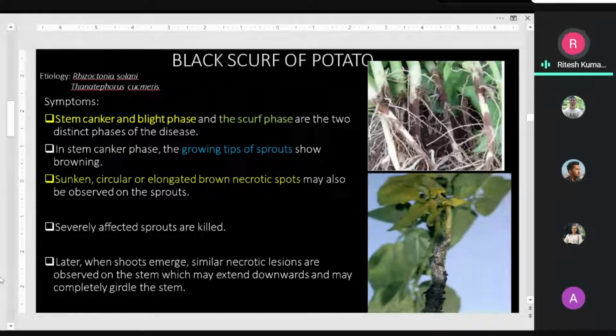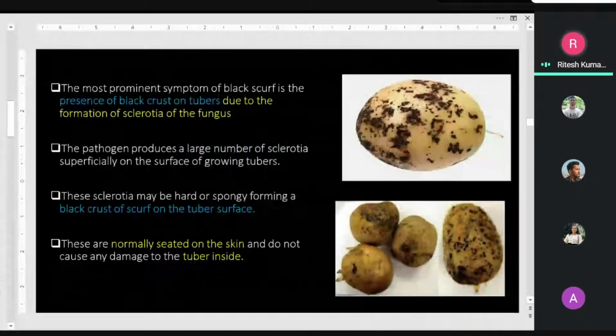The black scurf phase means a black crust, which is actually the sclerotia of Rhizoctonia solani, found embedded on the tissues. This phase does not reduce the yield, it reduces the marketability of the tubers.